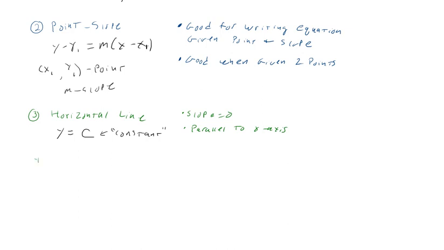And just like we have horizontal, we also have vertical lines. And those are x equals some constant. Here, the slope is infinity. Slope is undefined.